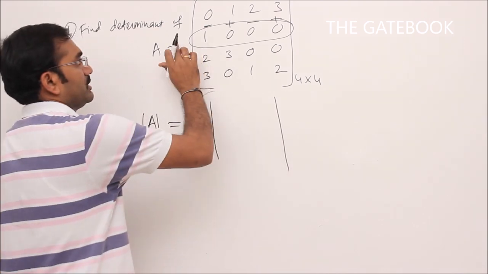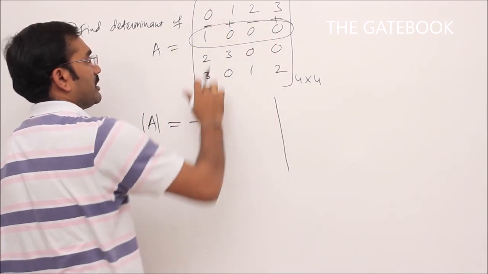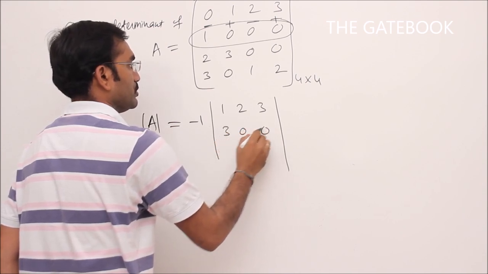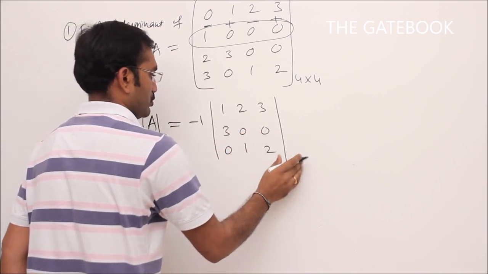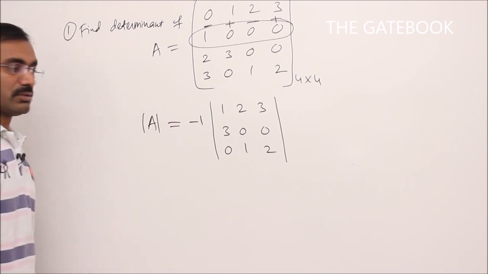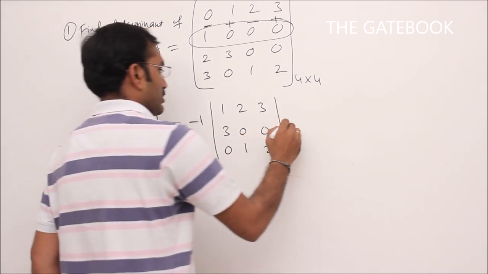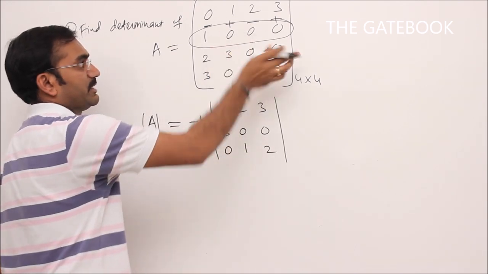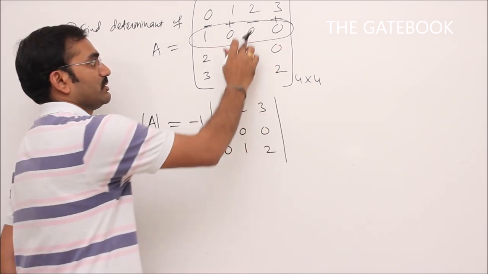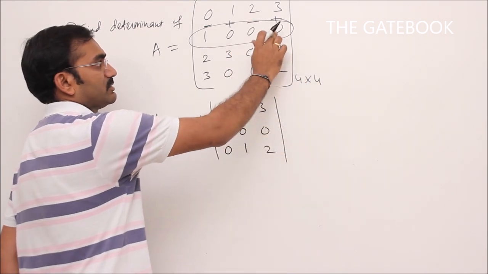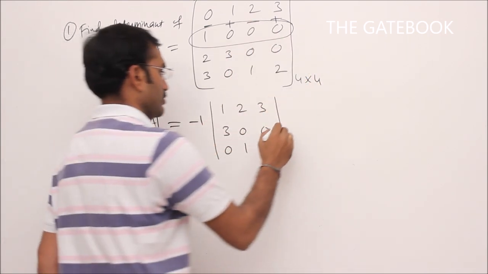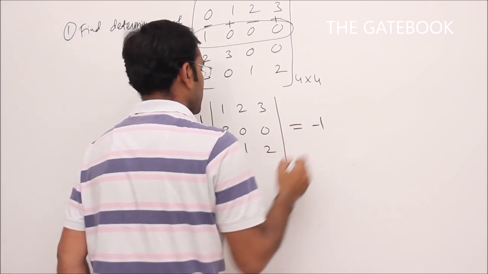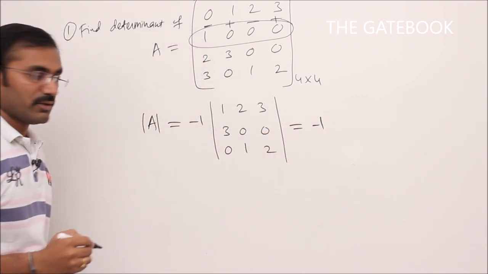Eliminating that second row and first column, we'll get 1, 2, 3, 3, 0, 0, 0, 1, 2. Now, what about the remaining? The remaining will be 0 here, plus 0 into corresponding cofactor, 0. Here also 0 into corresponding cofactor, 0 into something is 0. So only one term remains.